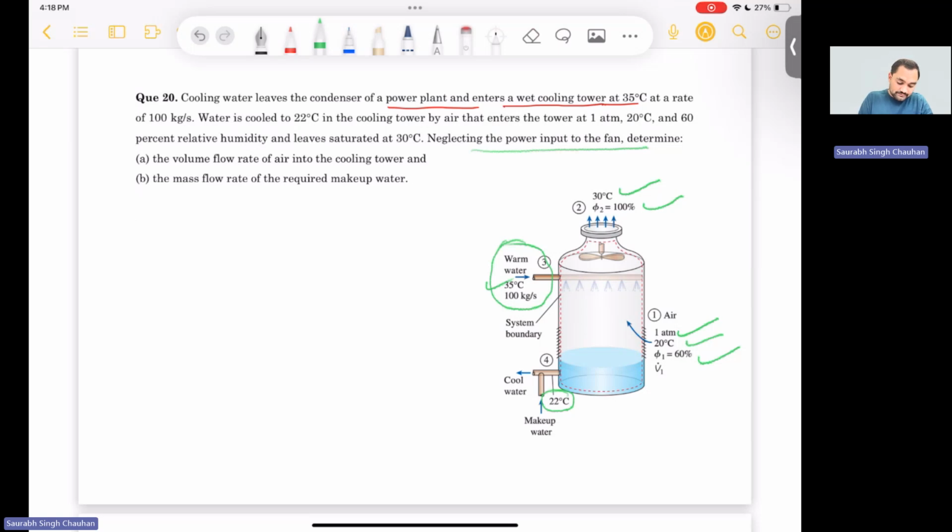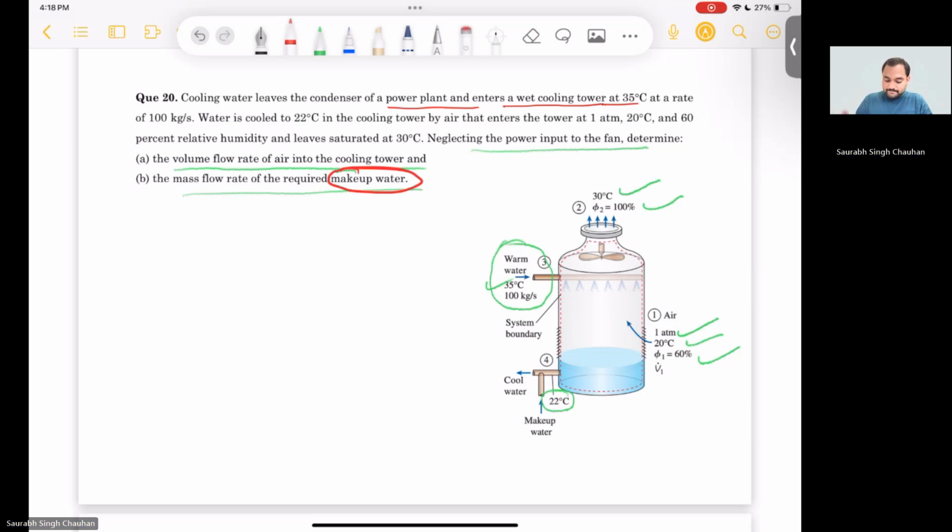We have to find the volume flow rate of air into the cooling tower and the mass flow rate of required makeup water. So this is a new term, makeup water. So there will be some evaporation of water. So whatever amount of water is being evaporated and being lost into the environment with the air, that much water should be added.